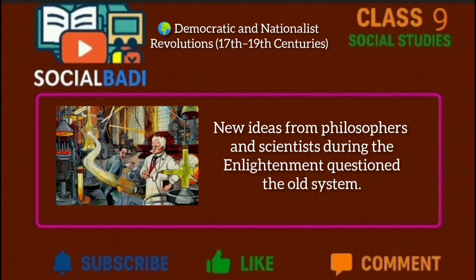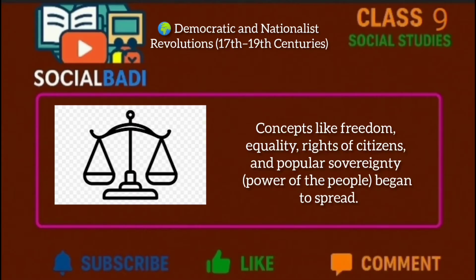New ideas from philosophers and scientists during the Enlightenment questioned the old system. Concepts like freedom, equality, rights of citizens, and popular sovereignty, power of the people, began to spread.